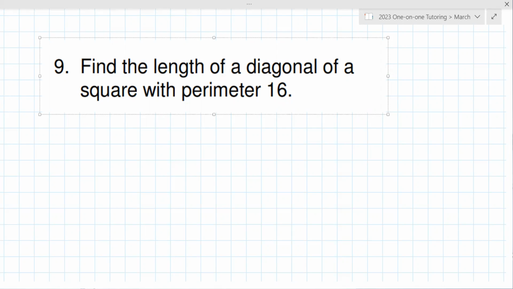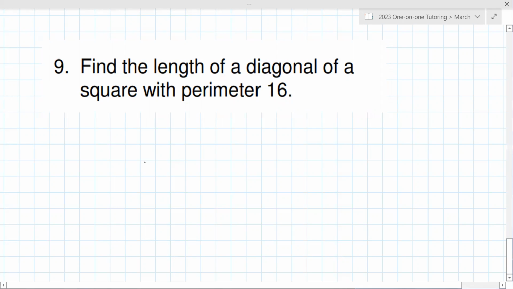Anyway, square root of 32. Sounds good. Keep going. It would be 5.65. Okay, so no, we don't want to use the calculator in this.